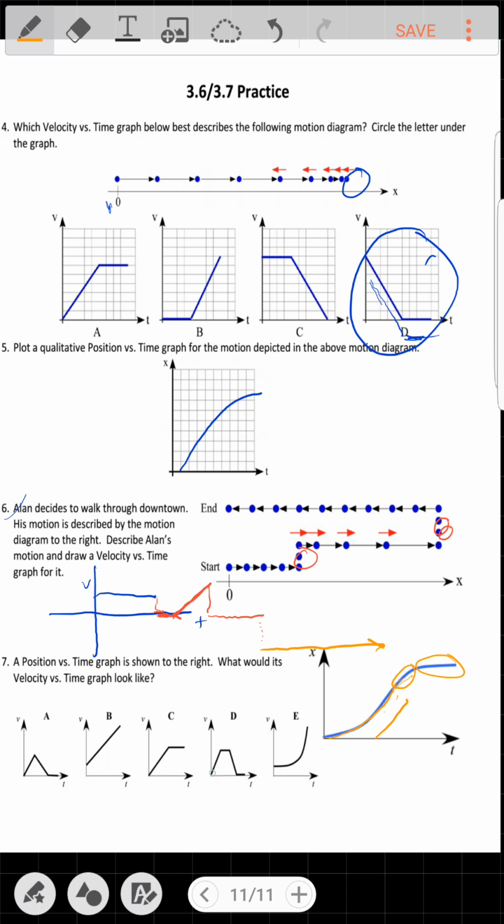I'm sorry, this is increasing speed, then goes at a constant speed, and then slows down. So C goes at an increasing velocity. So you're going at an increasing velocity, and then you're still moving, but you go with a constant speed. This one is constantly speeding up. Well, that didn't happen. And then this one is increasing in velocity, then it slows down, and then it stops. So it's going to be A.